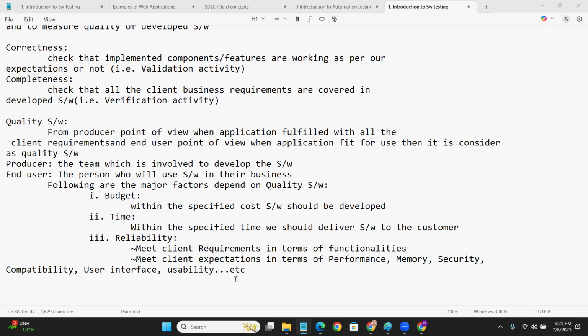This class is going to be more interactive, not one way. If you have any doubt at any point of time, you can message me in the chat box so that I can clarify your doubt. The software testing course is not difficult. The only thing is you should have some commitment while learning the course.